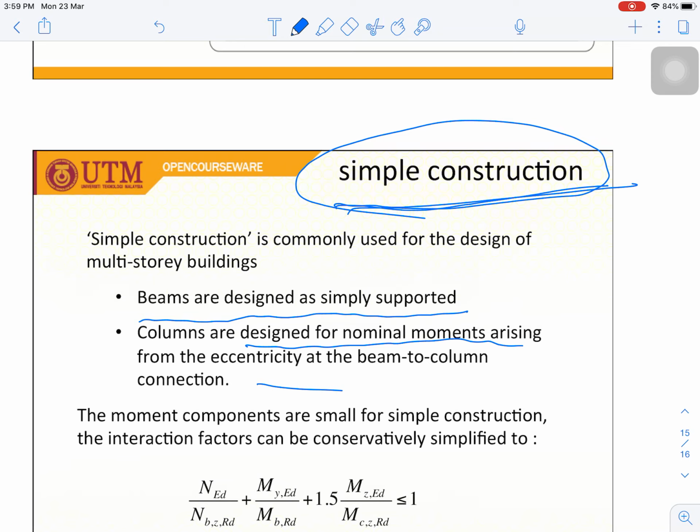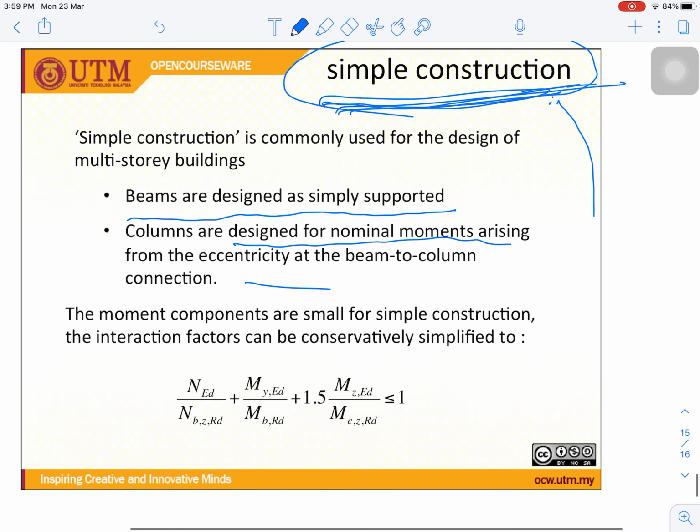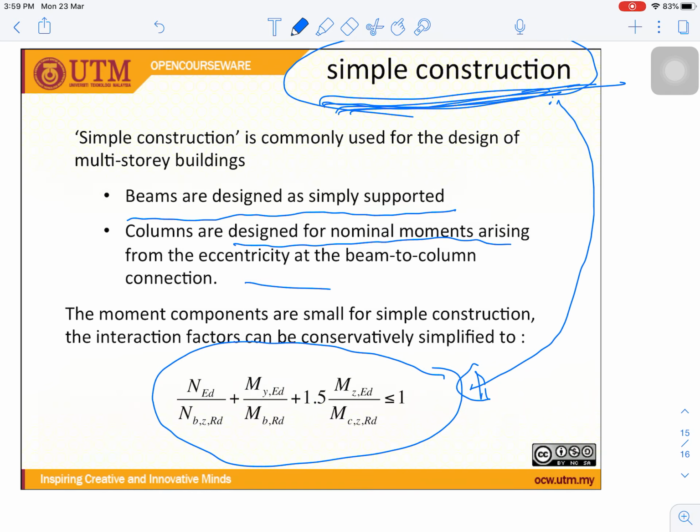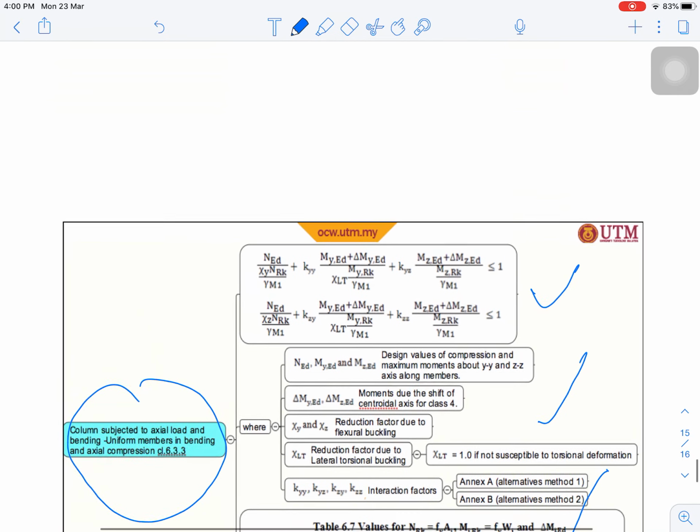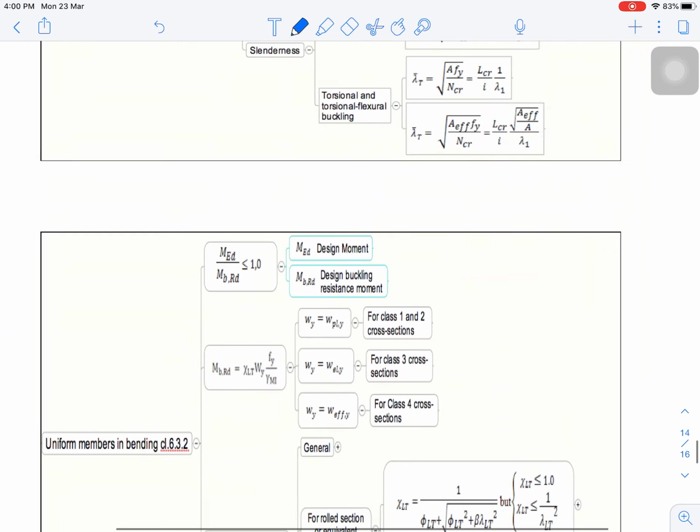So for this course, we only concentrate on simple construction. As such, it allows us to use a simplified formula, this formula here, and we can avoid using all the formulas referred to above.